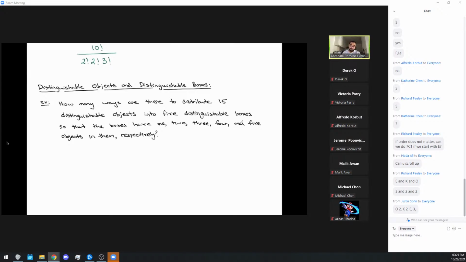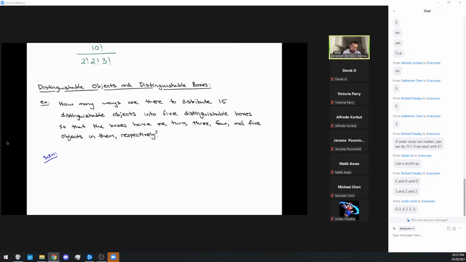That's what they're saying here. Okay, so let's try and work this one out. This is an example where you have distinguishable objects and distinguishable boxes.